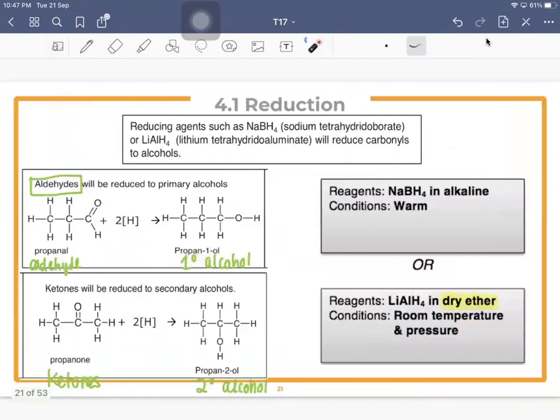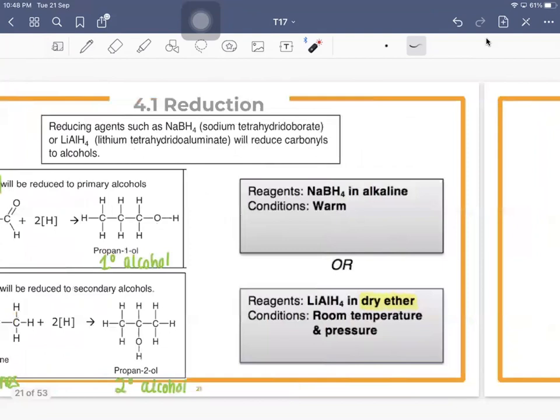Okay, now you may notice the reduction reaction, unlike your oxidation, there is no observation here. Okay, everything will be colorless. Sodium borohydride will be colorless, lithium aluminum hydride will be colorless, so you do not have an observation here, unlike your oxidation process.